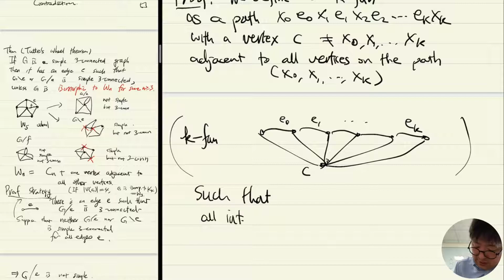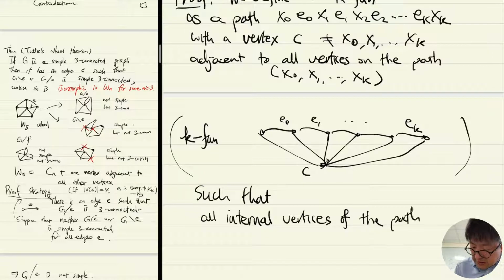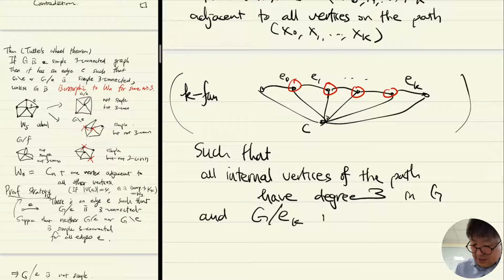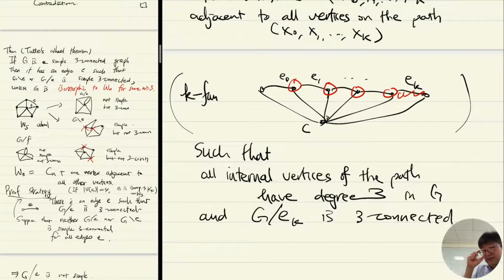All internal vertices of the path have degree precisely 3 in G. So all these vertices have degree exactly 3 in G, and when you contract the last edge, it's 3-connected. Okay, so that's the definition of a K-fan.